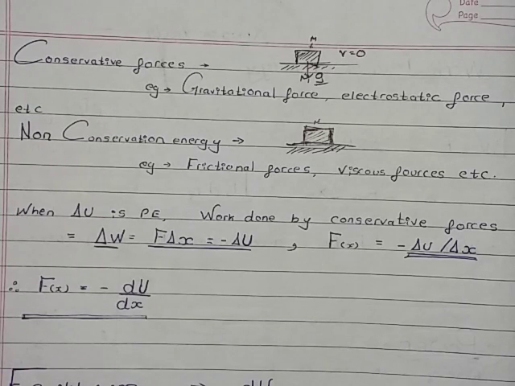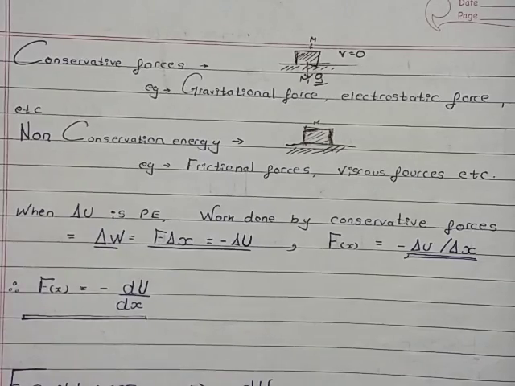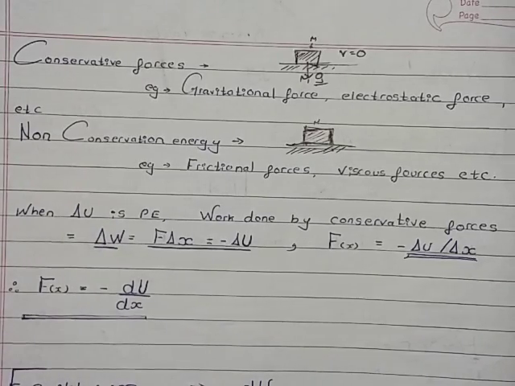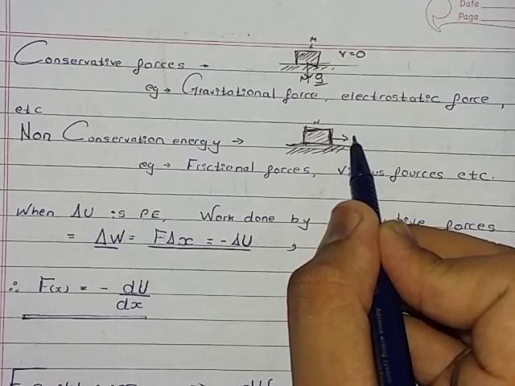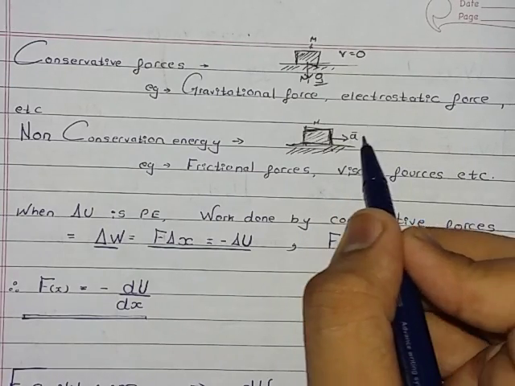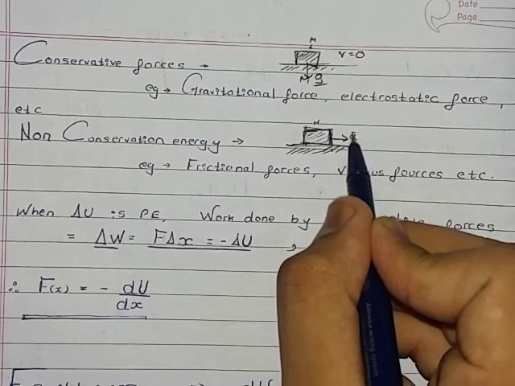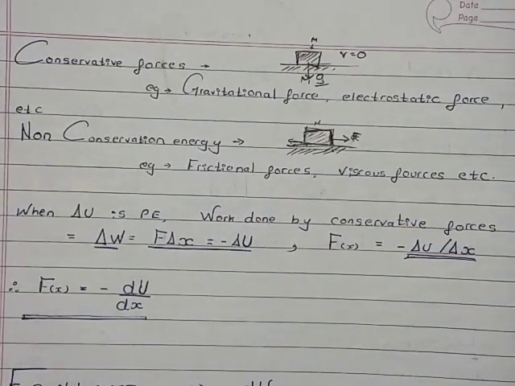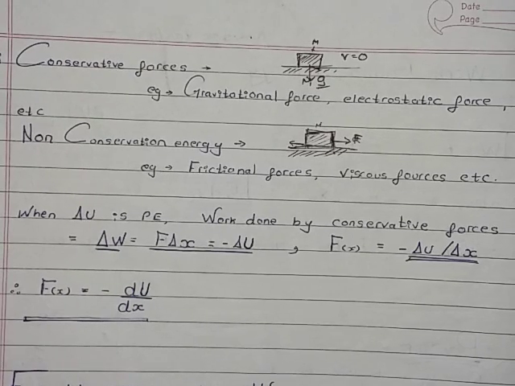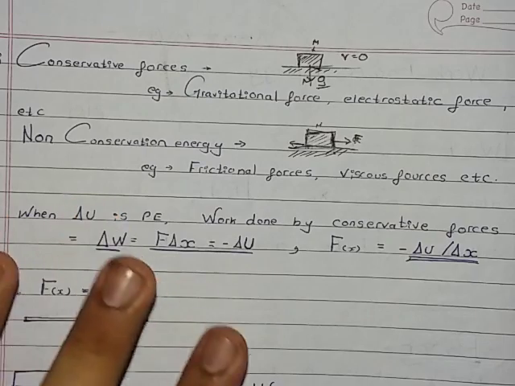Absolutely not. The frictional force won't act on the block. But if the block is in motion, let the block be accelerating, then the friction would act backwards. That means the friction would only act on the block if the block is in motion. These types of forces are non-conservative forces.